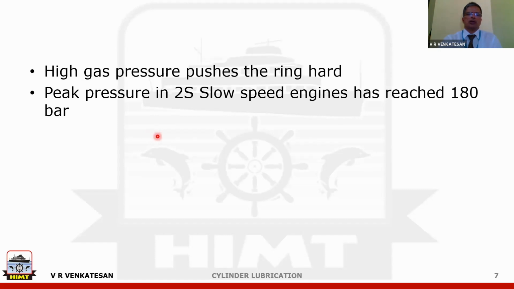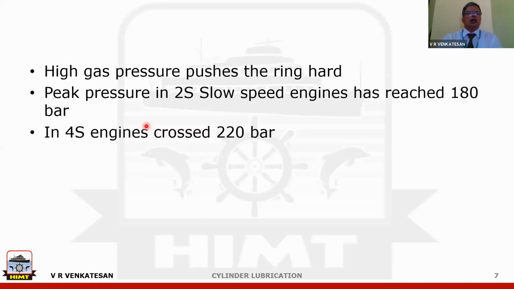Now it is reaching nearly 180 bar. In a four-stroke engine, this pressure has already crossed 220 bar. There are some designs coming with 240 bar. So this is the peak pressure, the maximum pressure in the cylinder.